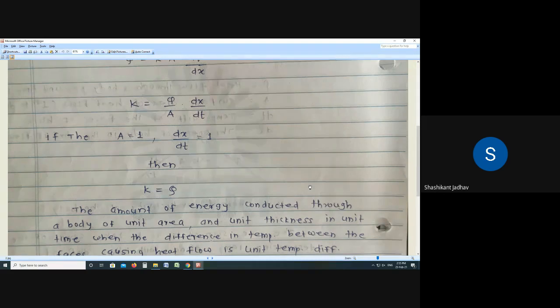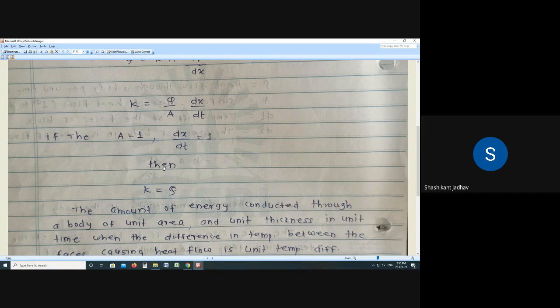Understood? What is meant by thermal conductivity? Thermal conductivity is the amount of energy Q conducted through a body of unit area and unit thickness in unit time, when the difference in temperature between the faces causing heat flow is unit temperature difference. Whatever heat flow takes place per unit time is the thermal conductivity of that particular material.